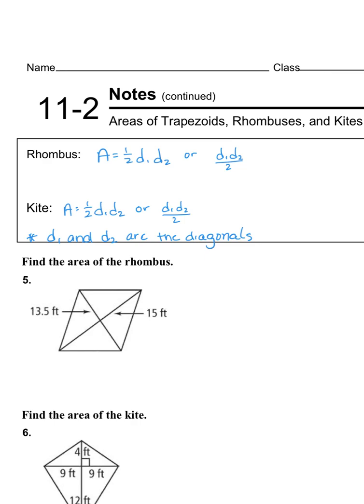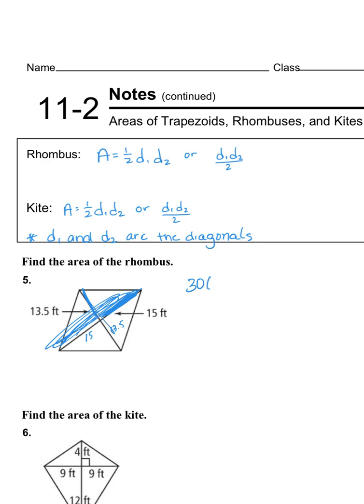So for example 5, we have a rhombus, and it tells us that this part is 15. And since the diagonals are bisected, we know that this part down here is also 15. And then of course on the other side, since this part is 13.5, that means this part is 13.5. So this whole diagonal here is 30.